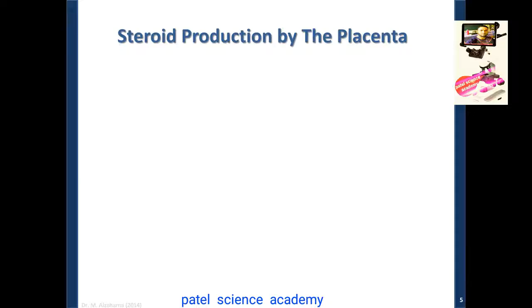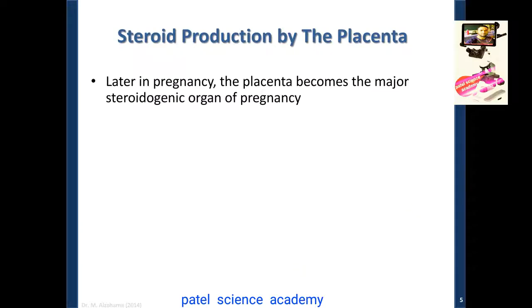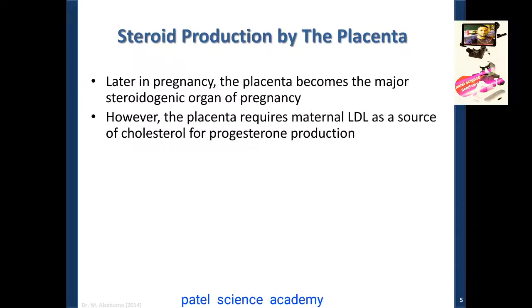Thereafter, steroid production by the placenta. Later in pregnancy, the placenta becomes the major steroidogenic organ of pregnancy, and the placenta is a most important part. However, the placenta requires maternal LDL as a source of cholesterol for progesterone production.